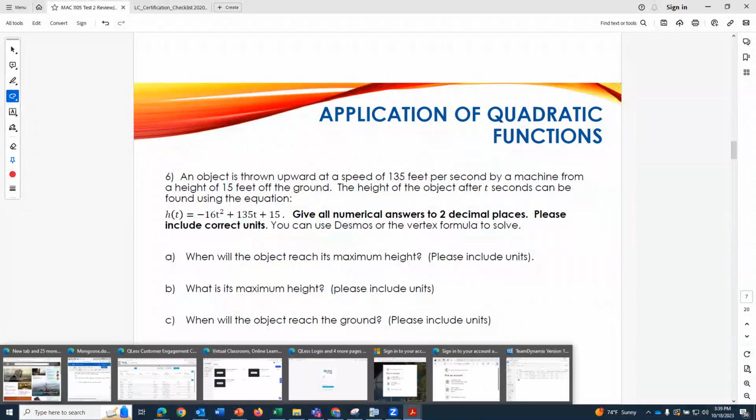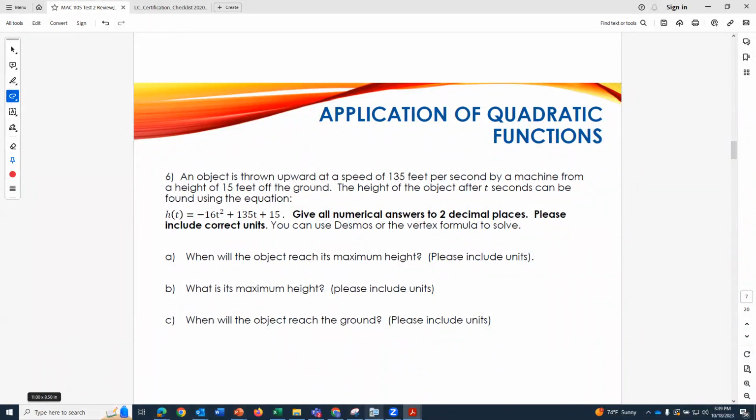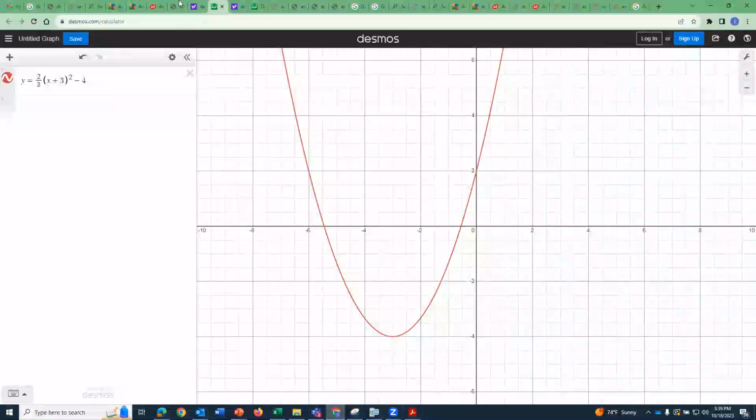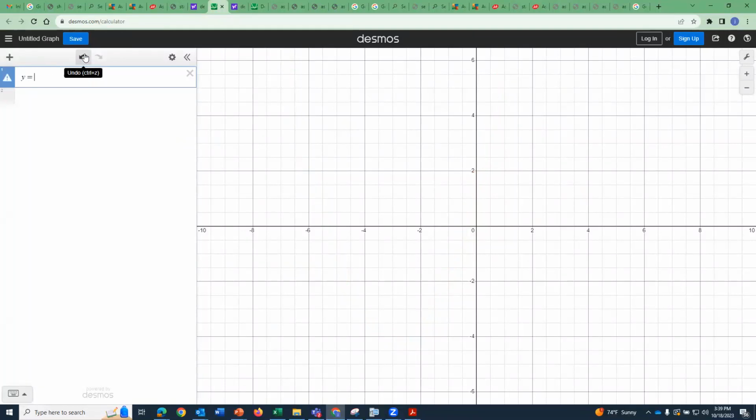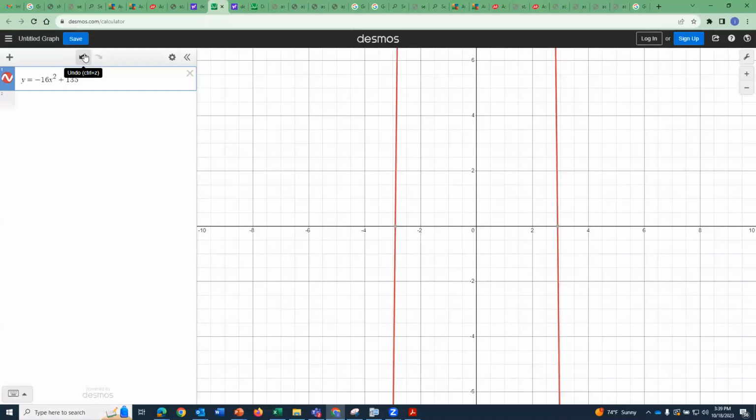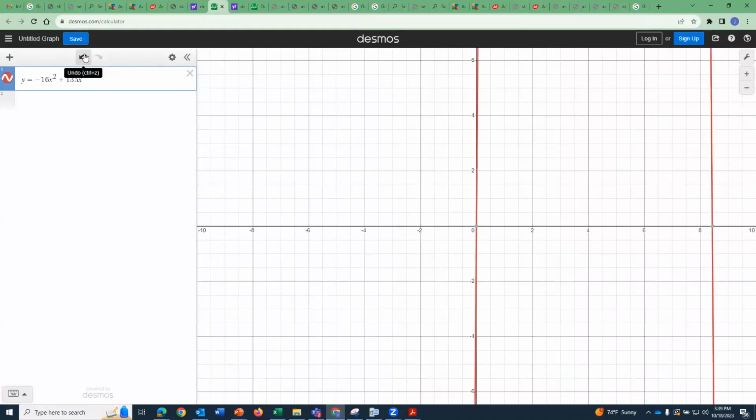Let's go to decimal and say y equals negative 16x squared plus 135x plus 15, because we have to use x here.